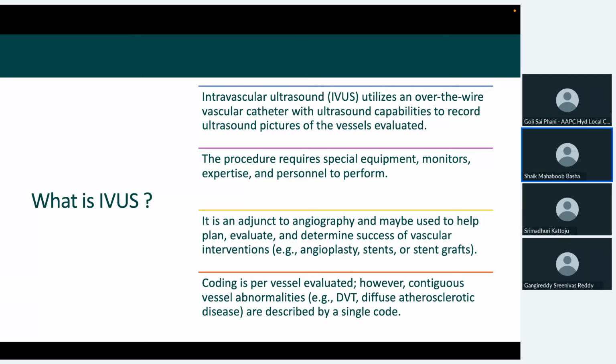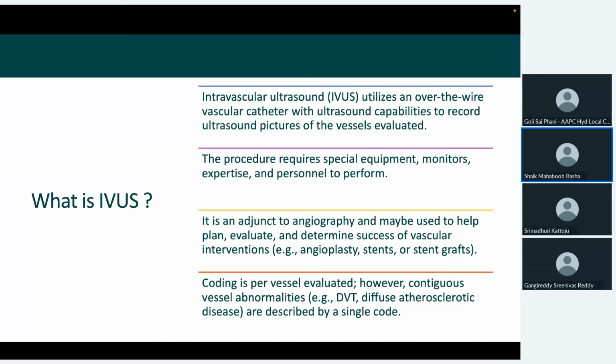Generally, they use an over-the-wire vascular catheter with ultrasound capabilities to record ultrasound pictures of the blood vessels. So for ultrasound, if you add intravascular, inside the blood vessels, that is called intravascular ultrasound. It is the same imaging guidance concept applied inside the blood vessels. These procedures require special equipment and monitors, and we need some expertise and personnel to perform it.